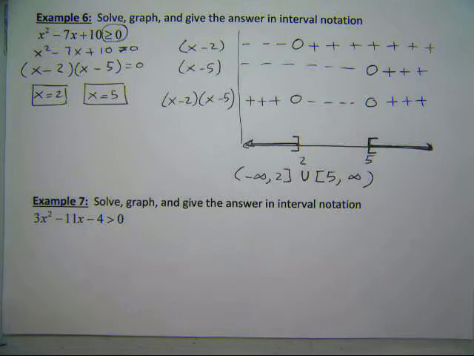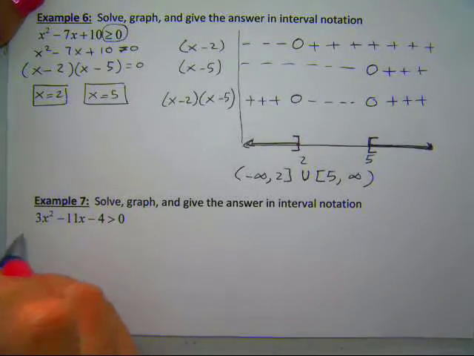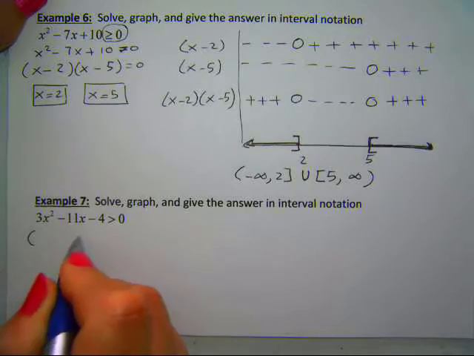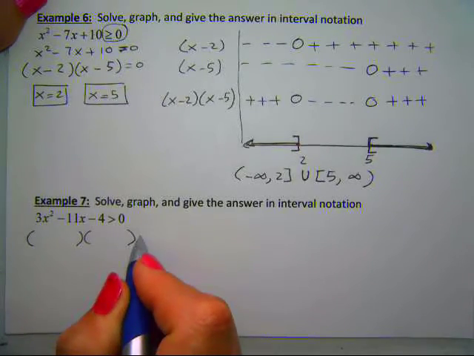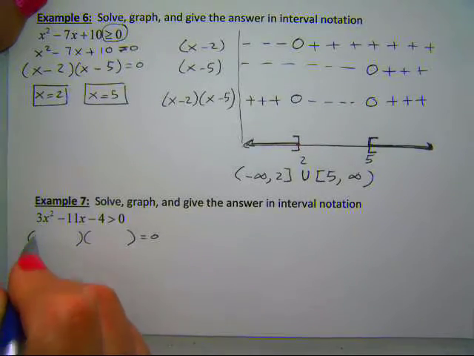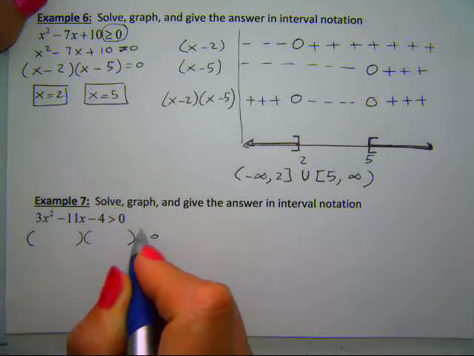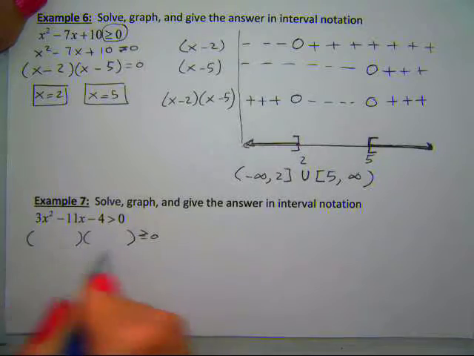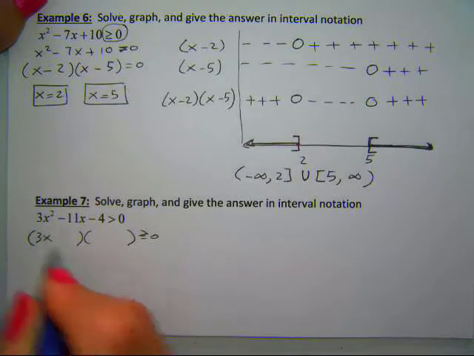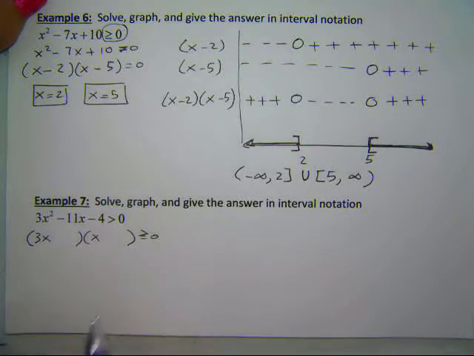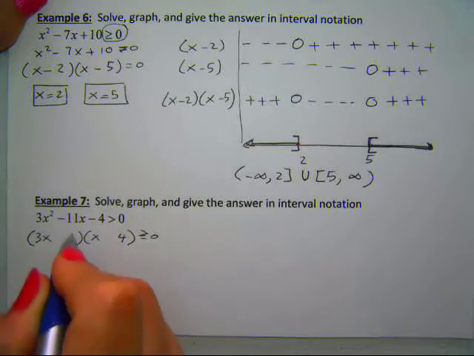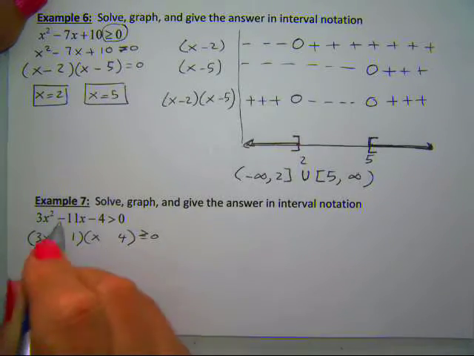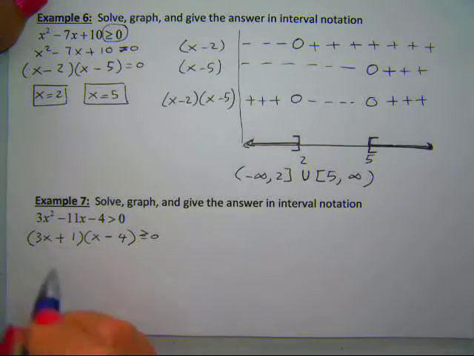Okay, example 7. Again, let's factor. Now you know that we are trying to solve, but let's keep it greater than 3x times x. So 4 times 1, the bigger is negative, positive, check.